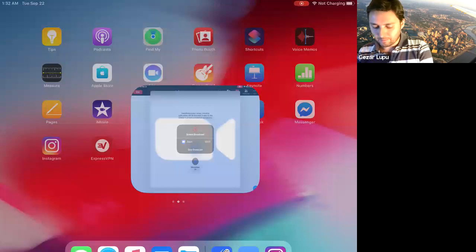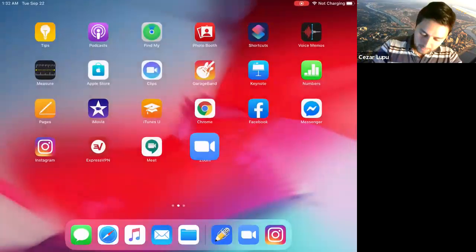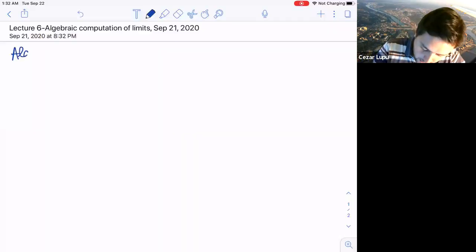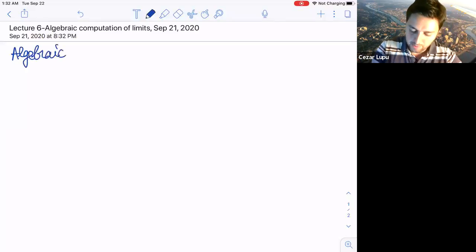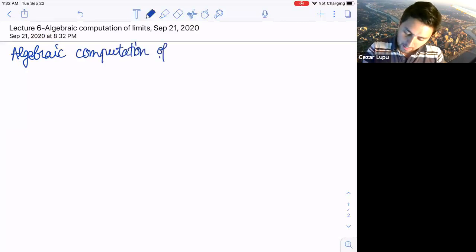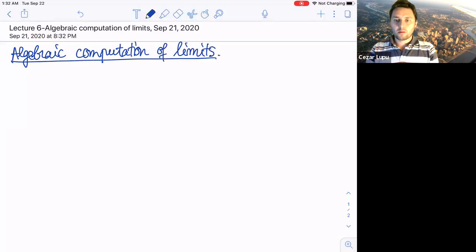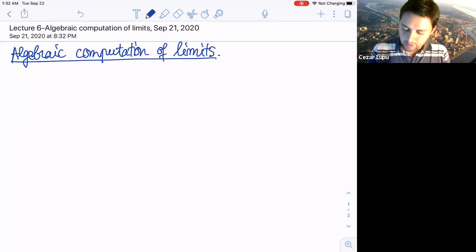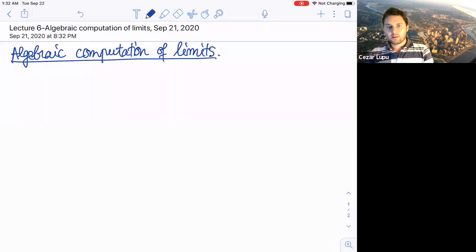First, let me start with something basic. Today we'll talk about algebraic computation of limits. Okay, so let's start with some basic rules at first.